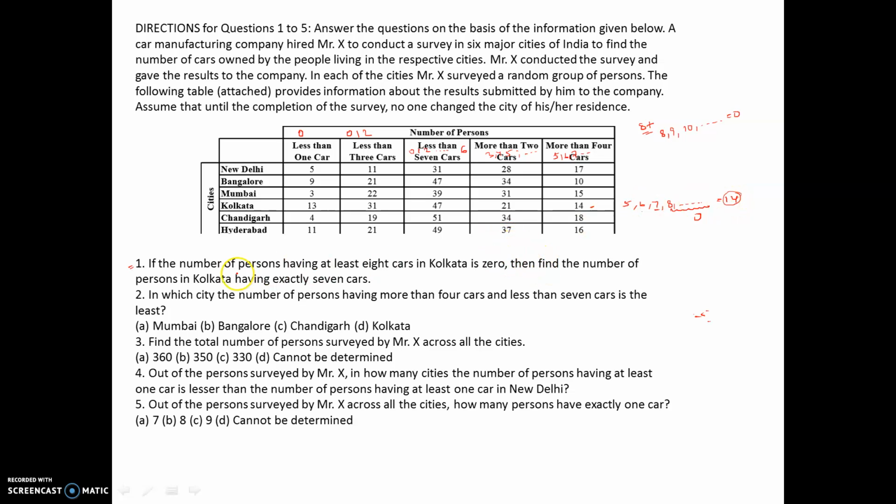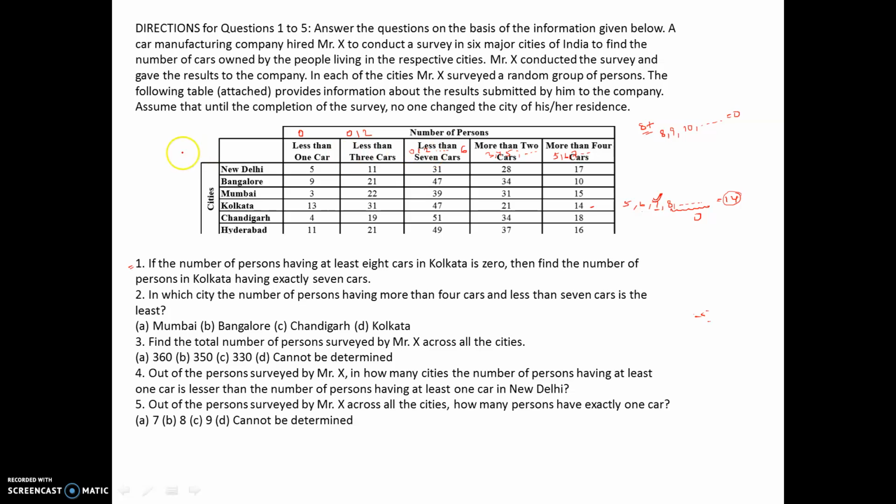So it says then find the number of persons in Calcutta having exactly 7 cars. We need to find out only for exact 7 cars. So I need to figure out how many of them have 5 or 6 cars. So 5 and 6 cars, I can say it is a part of either this column, right, or it is a part of the last column, or it is a part of the third column.